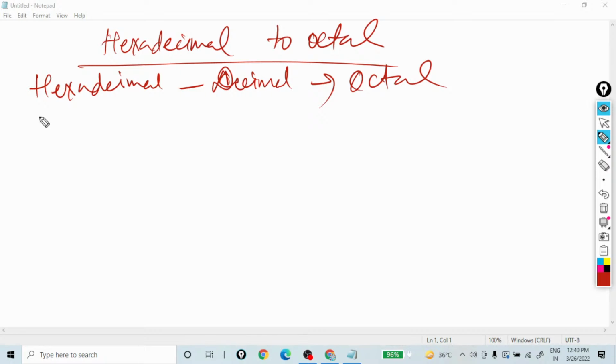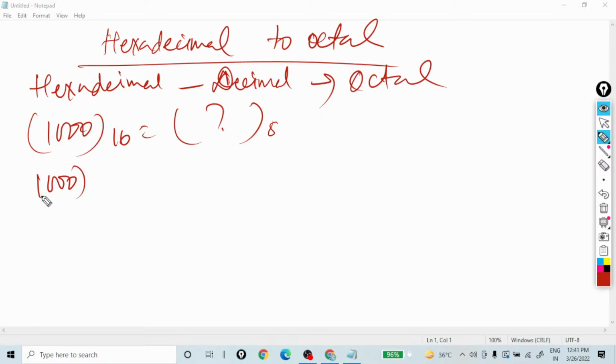Suppose in case of hexadecimal we have taken 1000. 1000 in hexadecimal is equal to how much in octal? This is the question. So first convert hexadecimal into decimal.